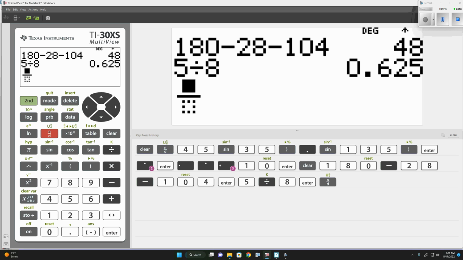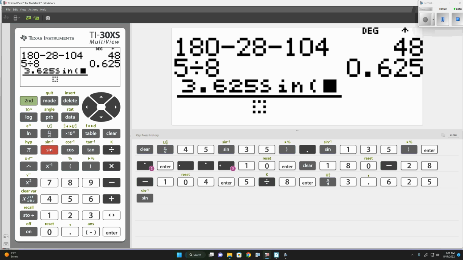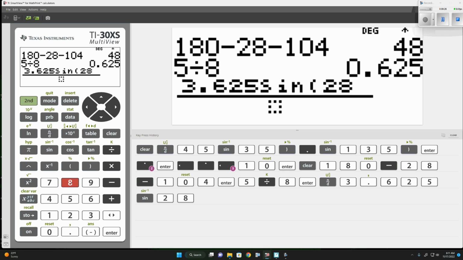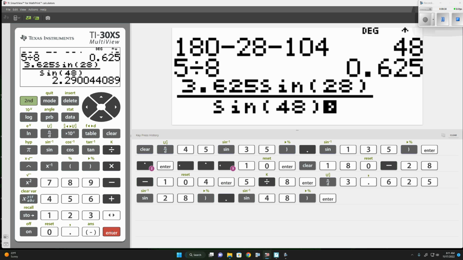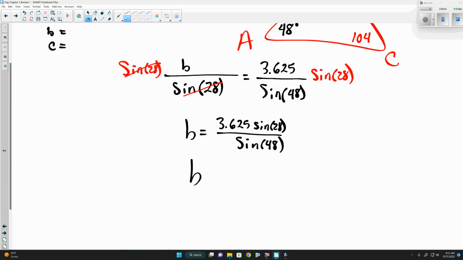So here we can do fraction 3.625 sine of 28 over sine of 48, 2.29. I think about what y'all get. We agree? So 2.29 is the value of B.